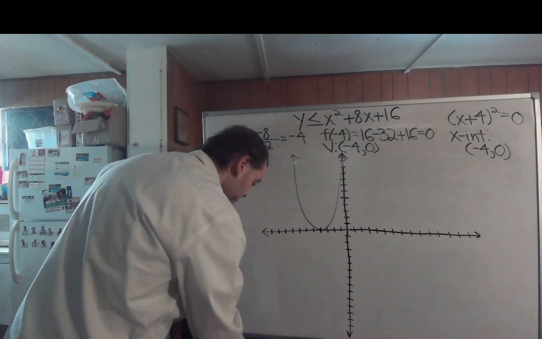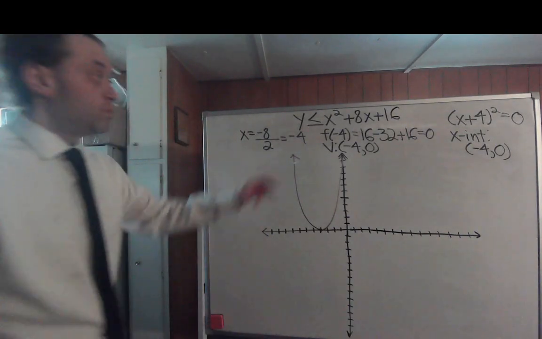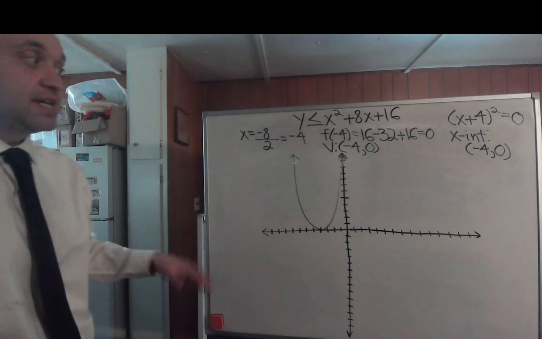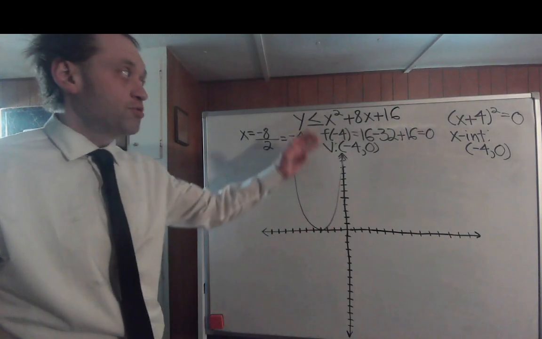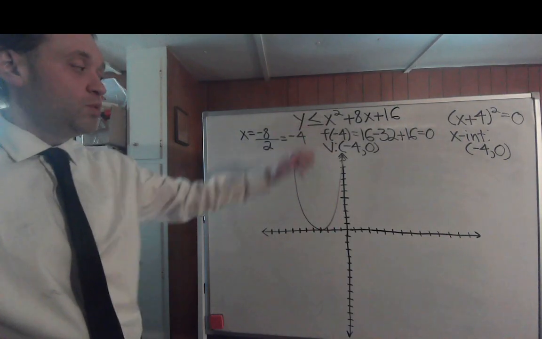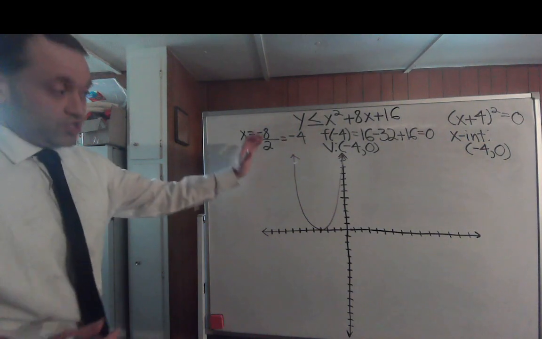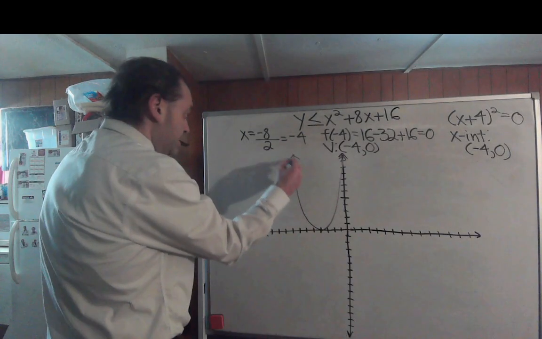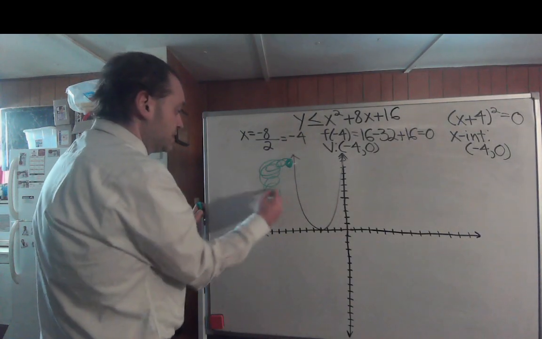And then what you need to do now, y is less than or equal to x squared plus 8x plus 16. So solid parabola because the parabola is included because of the equality. But you're going to shade everything below the parabola because you're looking for the less than component.